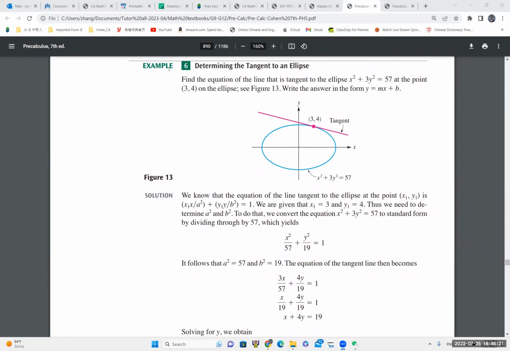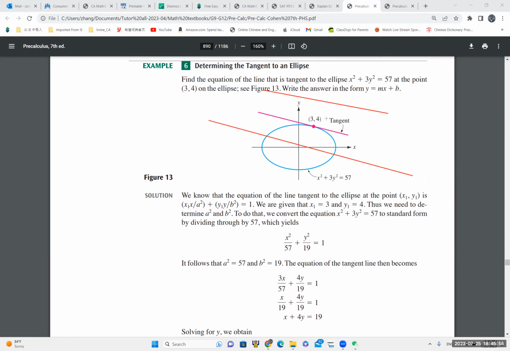Yeah, we can go through this example 6. Determine the equation of the line tangent to this ellipse at the point. Tangent means this line and this ellipse have just one intersection, right? If it's a line like this, then no solution. If it's a line like this, then there are 2 solutions.